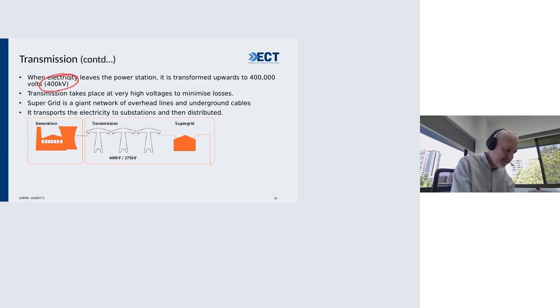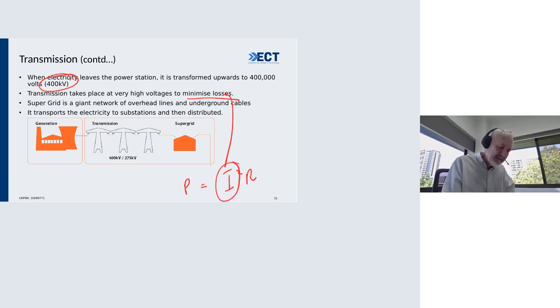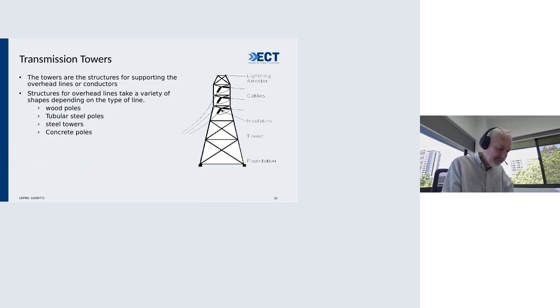Transformed up to 400 kilovolts, and high voltage minimizes losses. Losses generally are I squared R power, because that is your issue that you need to try and drive down as low as possible. So that's why we need high voltage, and it means our current to transmit the same amount of power will be low, and you have a low level of losses.